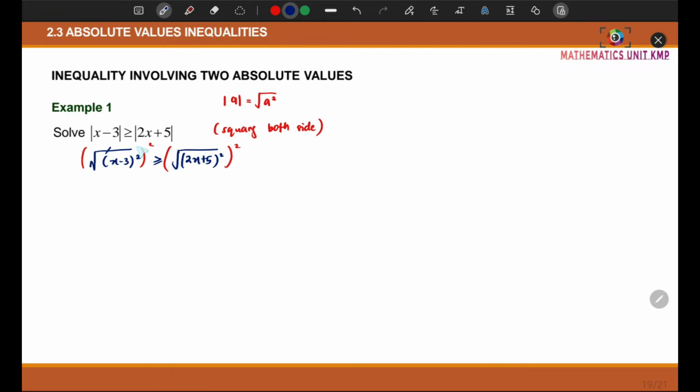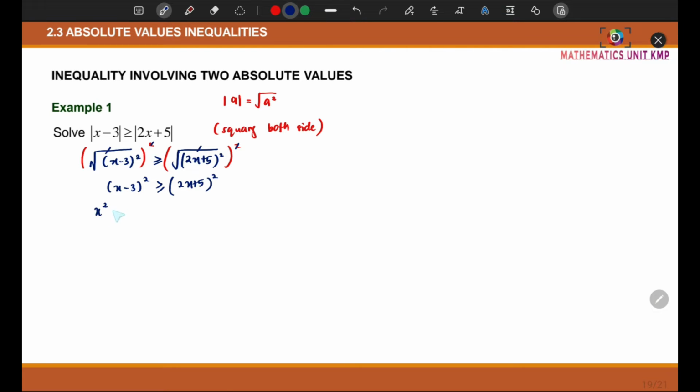The square root and the square cancel out, so we are left with (x minus 3) squared greater than or equal to (2x plus 5) squared. Now we will expand our expression.